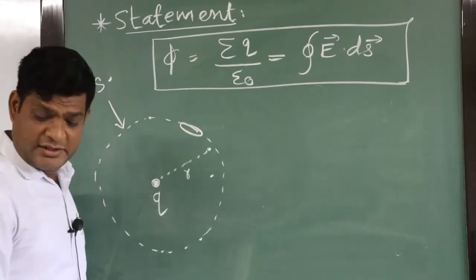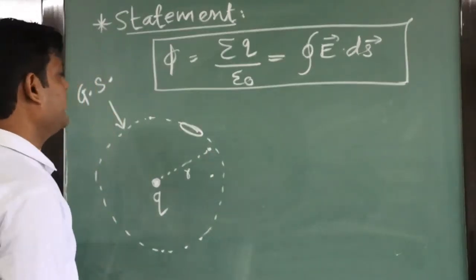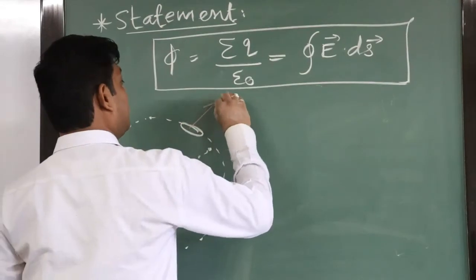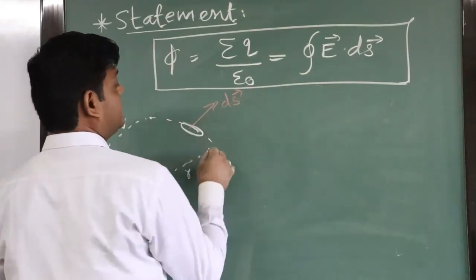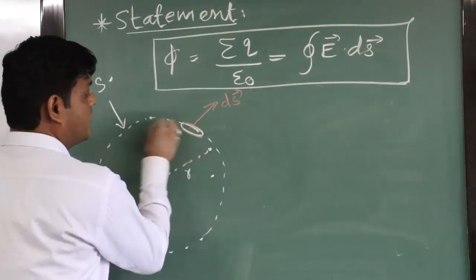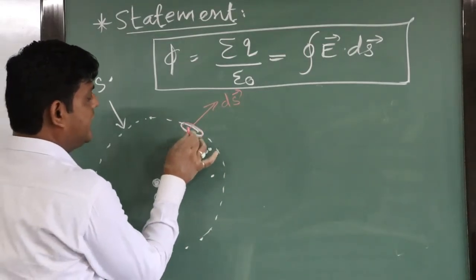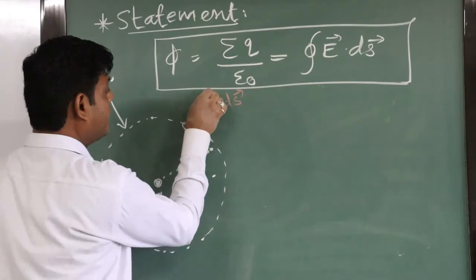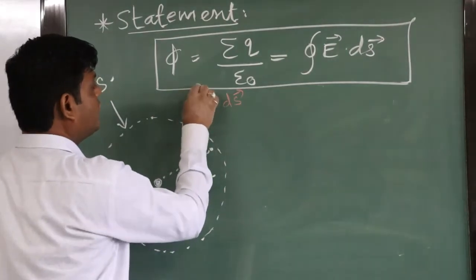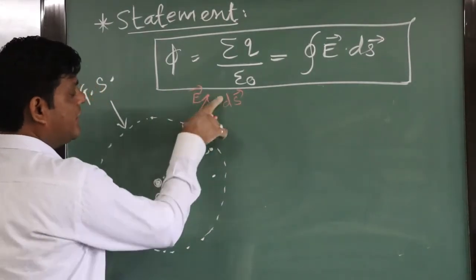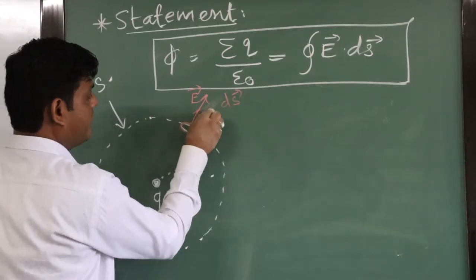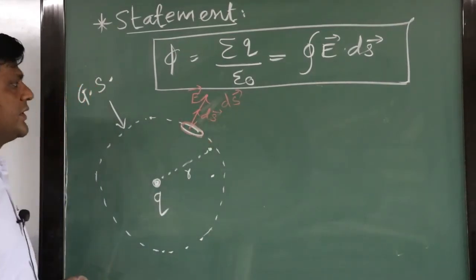Suppose ds vector is the area vector of this small area. What is the direction of electric field? Suppose this is the direction of electric field, right? And this is the direction of area vector, right?